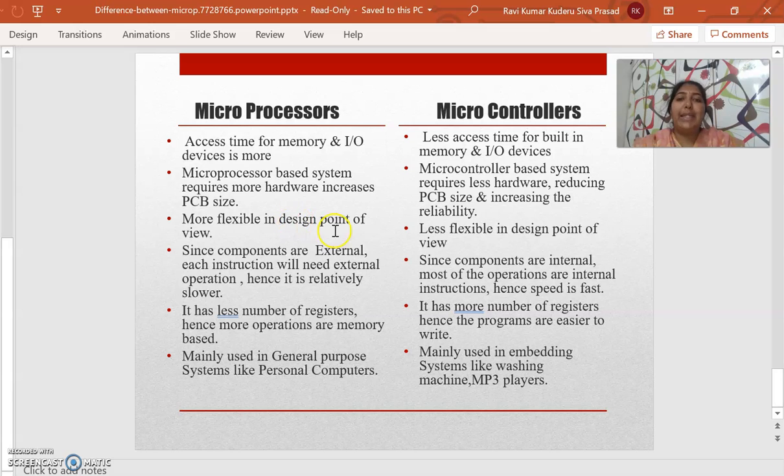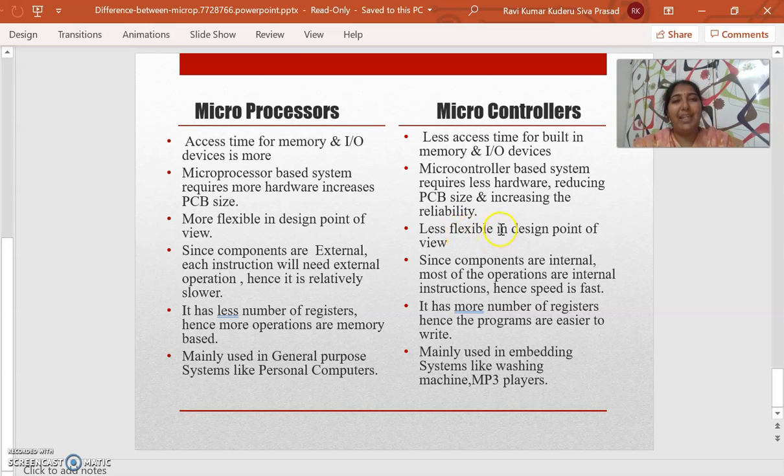But coming to the design point of view, the microprocessors are flexible. That means when you are designing a project, whatever amount of memory you require, that amount of memory you can connect to your project or design. But here the memory comes along with the microcontroller, so you don't have the choice to select the size of your memory.